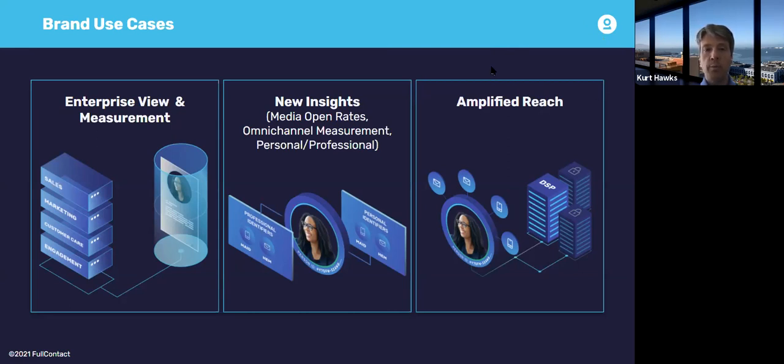The things around media open rates, right? Omni-channel measurement, connecting the professional and personal identities. So there's increased scale and the ability to recognize and reach consumers. Those are just some snapshots. I'll get into a little bit more detail in the next slide.